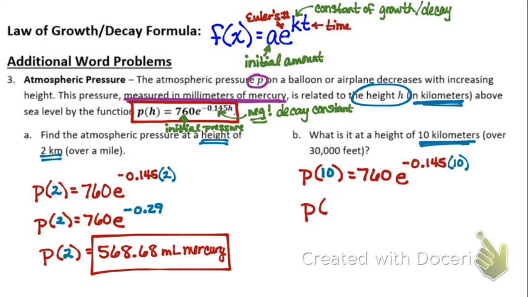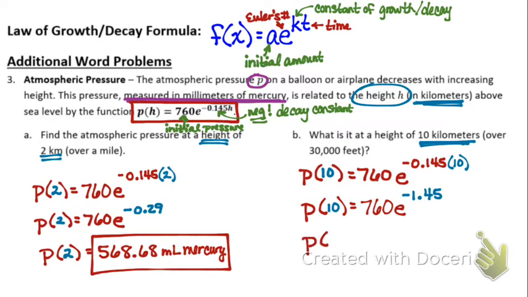You can pop it in your calculator just like this. If you want to simplify that exponent first, you may absolutely do so. If you decide to do that, that would be negative 1.45. So I do 760 times e to the power of negative 1.45.